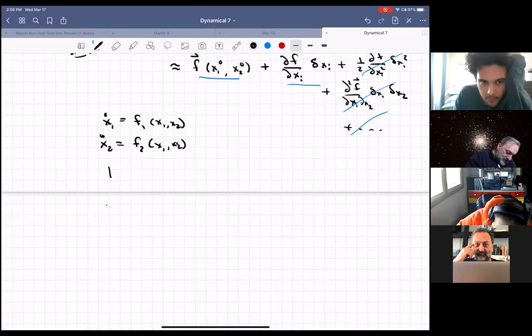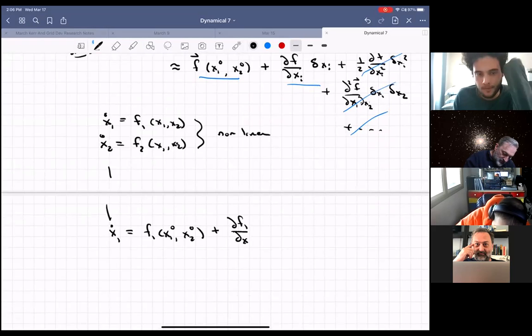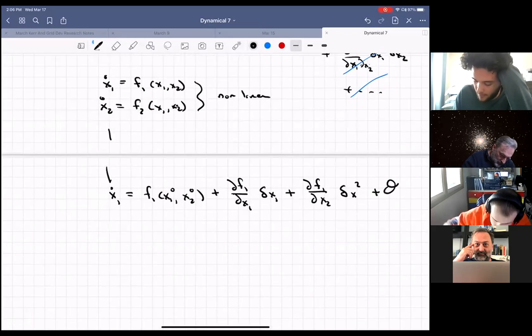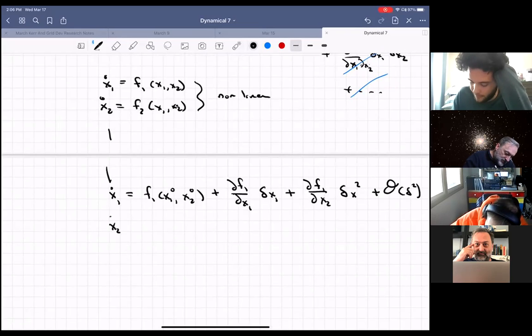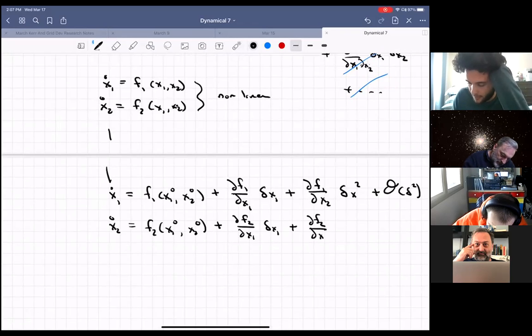So this is the nonlinear, and then the linearized version would be f1 at x1 naught, x2 naught, plus the derivative of f1 with respect to x1 times delta x1, plus the derivative of f1 with respect to x2 times delta x2, plus order delta squared, and x2 dot would be your f2 at some place, plus the derivatives, plus things with order delta squared.